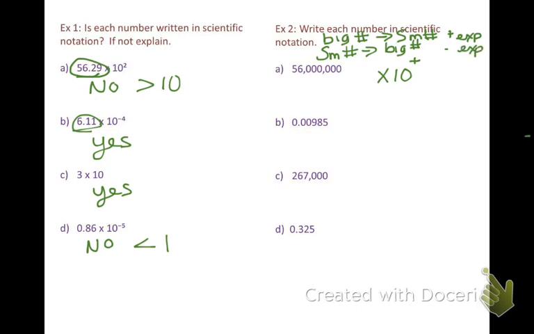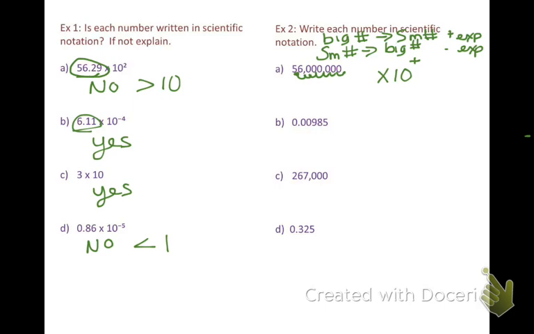All right. So I have 56 million. Where is that decimal located? At the end. Very good. If I move it over 1, is it between 1 and 10 yet? No. Do I keep moving till I get in between the 5 and the 6?